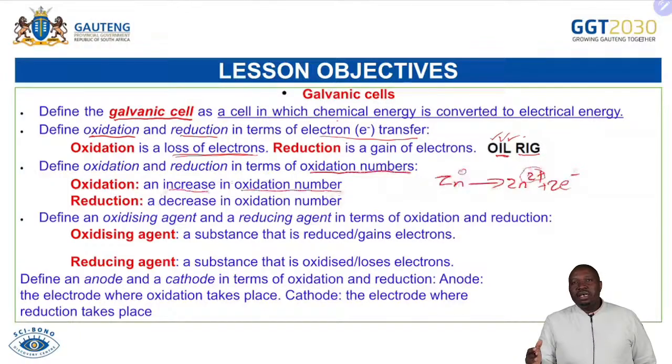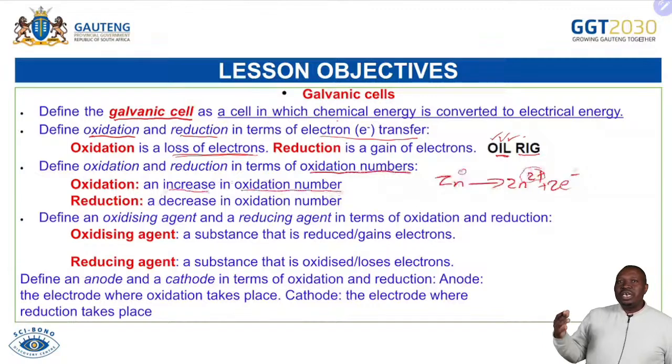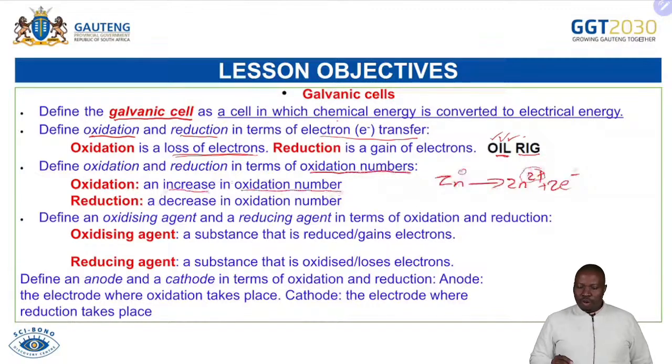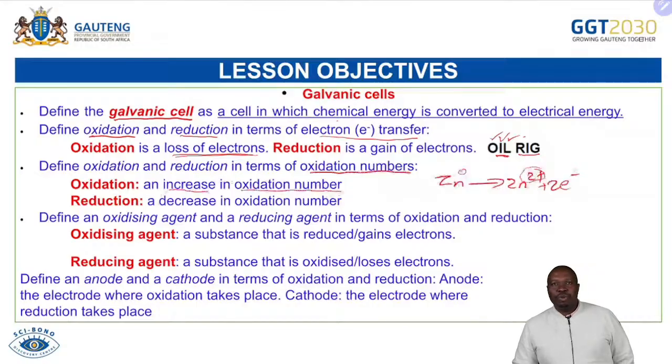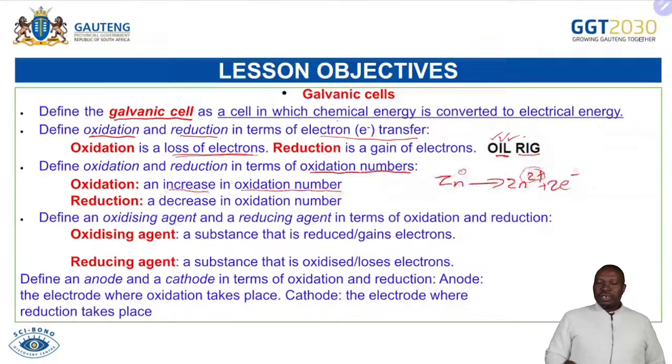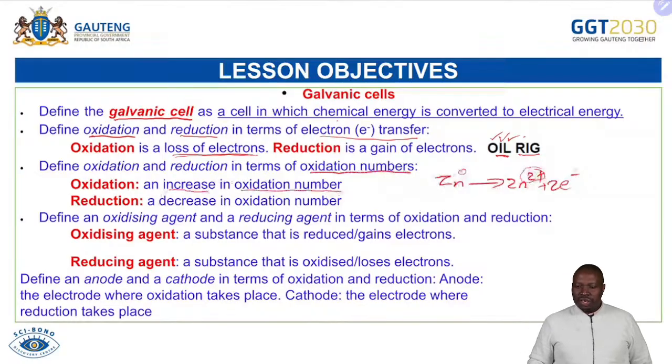So the increase in oxidation number we refer to as oxidation. So you can define oxidation as an increase in oxidation number. I've used an example of zinc there. Reduction, you can define as a decrease in oxidation number.